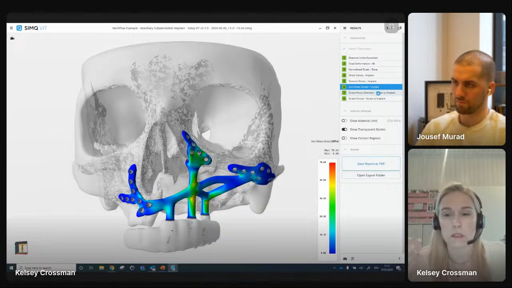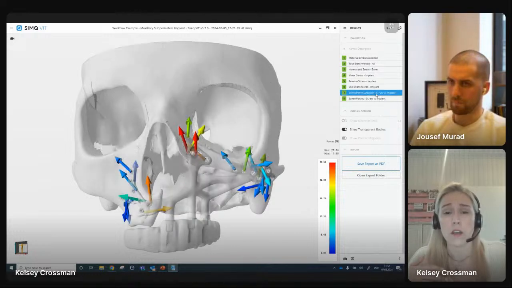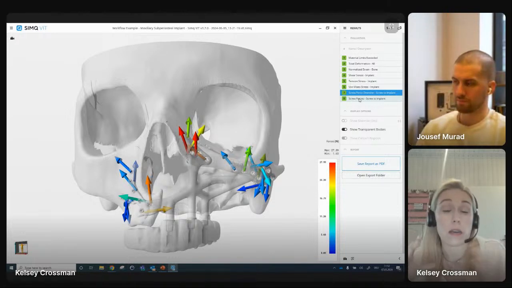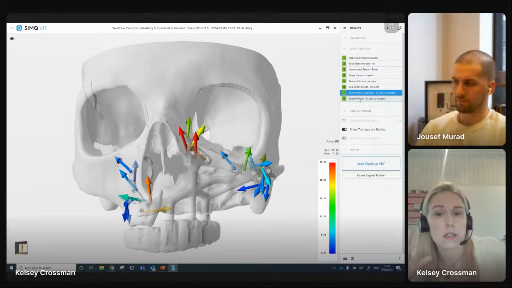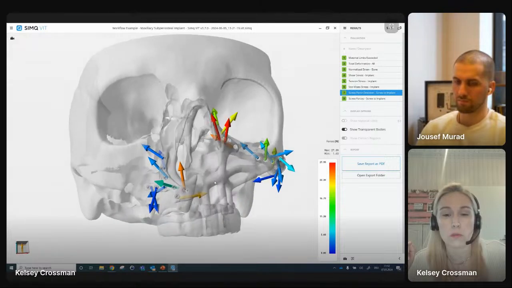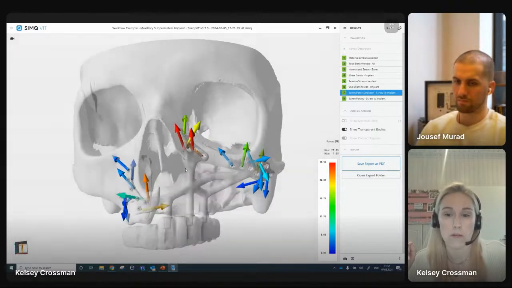And we also have, what's important, the screw force. When the implant is bitten down upon, that implant is going to put force on the screws, and the screws also on the implant. So we take into account, on each screw, the amount of force.